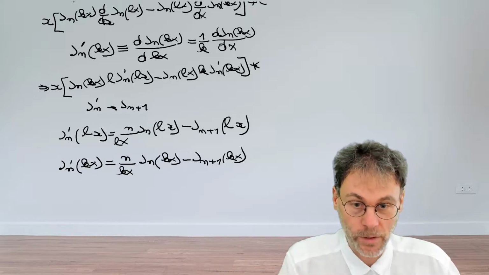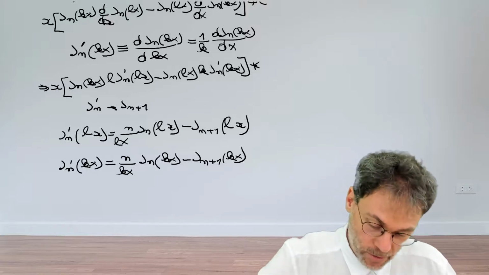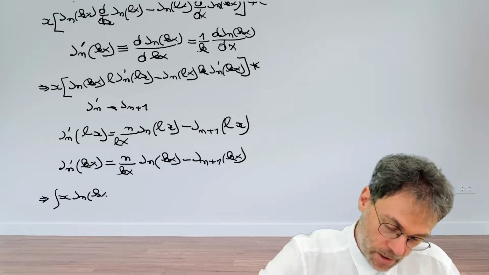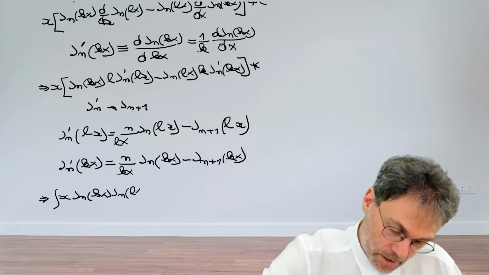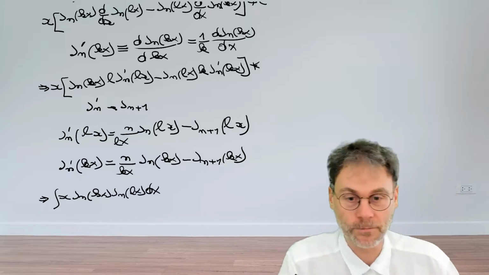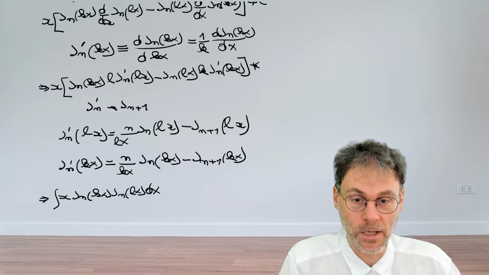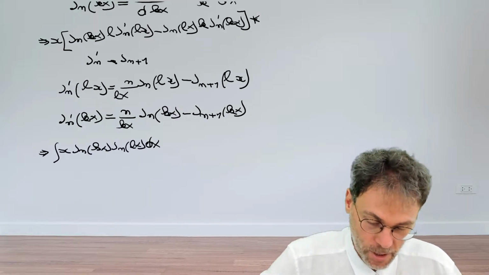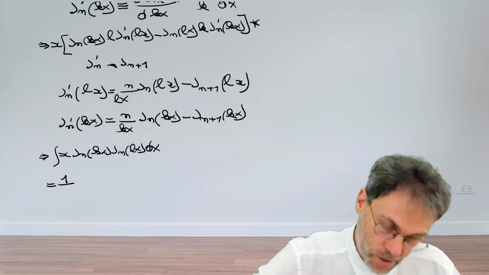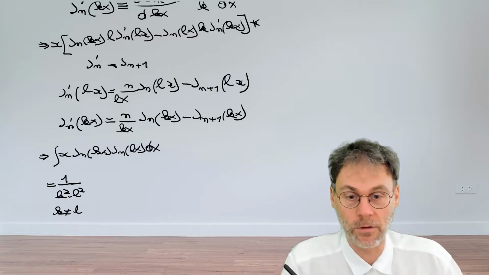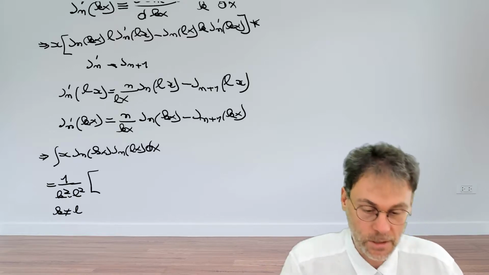And then we can write down the end result, and that is that if we have the integral of x J_n(kx) J_n(Lx) dx. Now there used to be a factor L squared minus k squared, or k squared minus L squared here on the left hand side. So let's bring that over here. 1 over k squared minus L squared, which of course assumes that these guys are different. Otherwise we divide by 0.